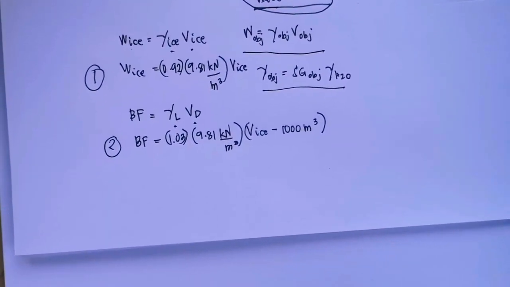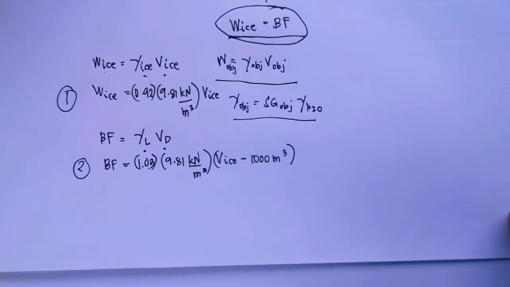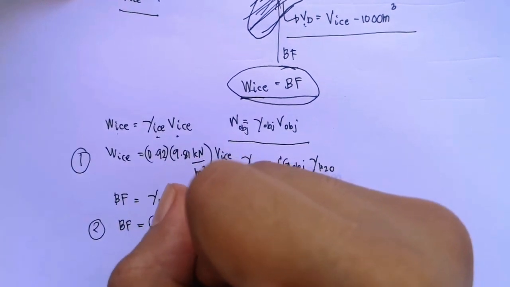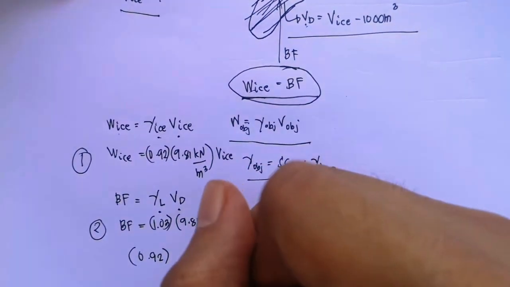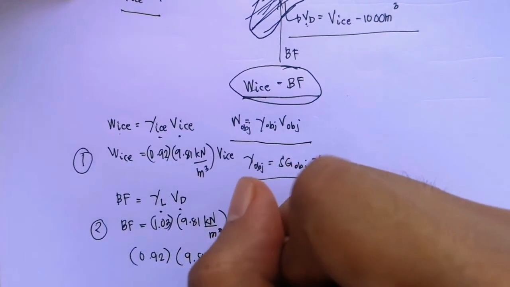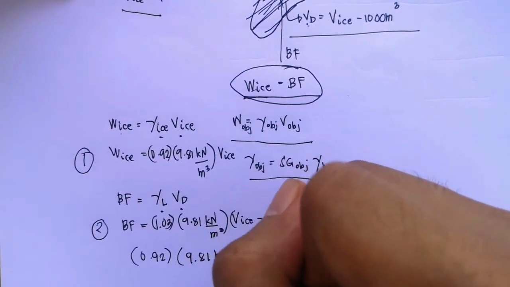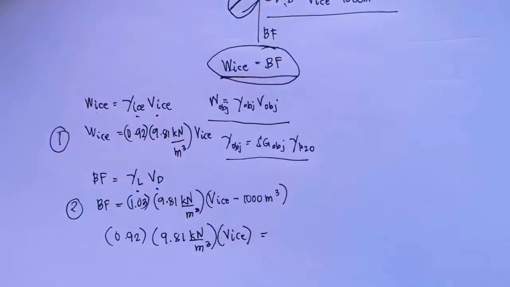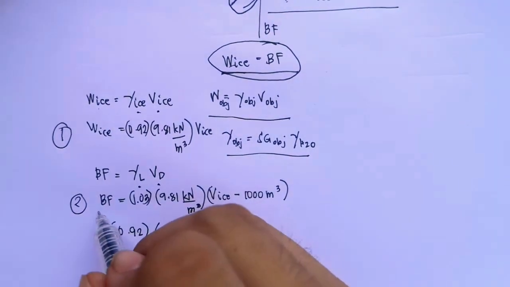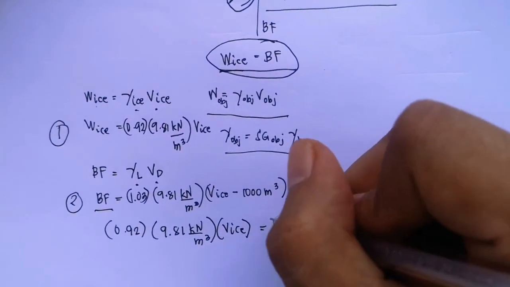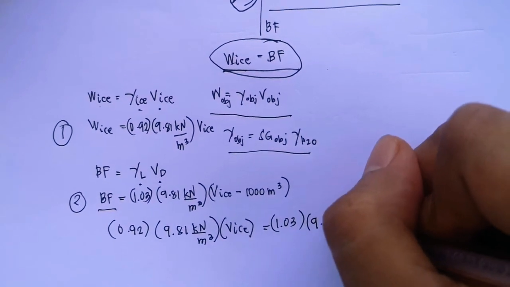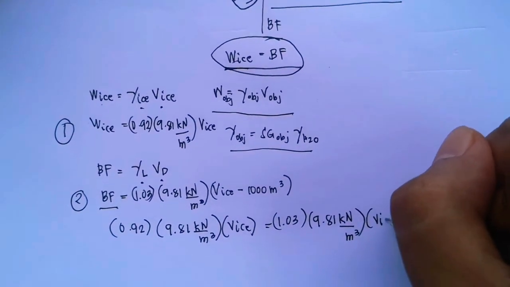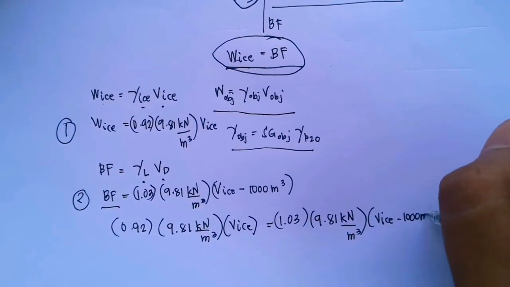So, kung isa-substitute natin yung equation 1 and 2, the weight of the ice is 0.92 times 9.81 kilonewtons per meter cube times the volume of the ice, equivalent to buoyant force: 1.03 times 9.81 kilonewtons per meter cube times the volume of the ice minus 1,000 meter cube.